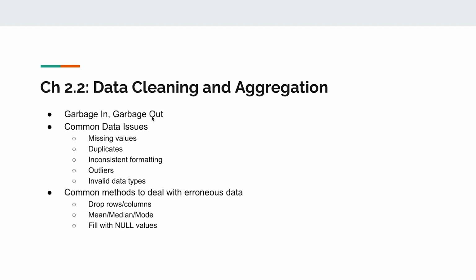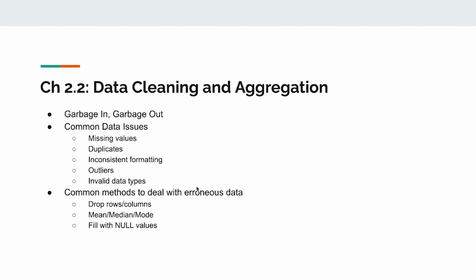And we like to say garbage in, garbage out, which means that if we have a data set with some issues, our analytics will be garbage. So definitely, we want to make the data as clean as possible before we run any deep analytics.